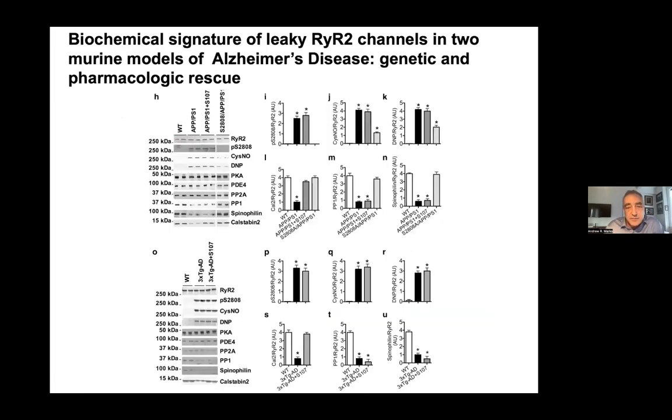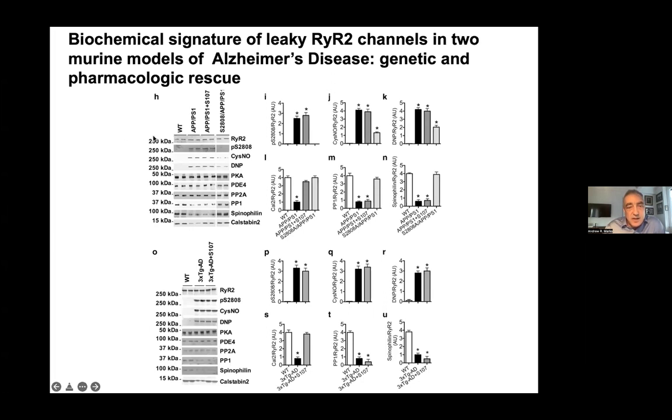So we then went to look in two murine models of Alzheimer's disease. These are models of familial Alzheimer's disease. One is an APP-PS1 and the other is a triple transgenic model. And again, what I'm showing here is biochemistry indicating the biochemical signature of leaky ryanodine receptors with PKA phosphorylation, nitrosylation, oxidation of the channel, and a reduction in the stabilizing subunit calstabin.